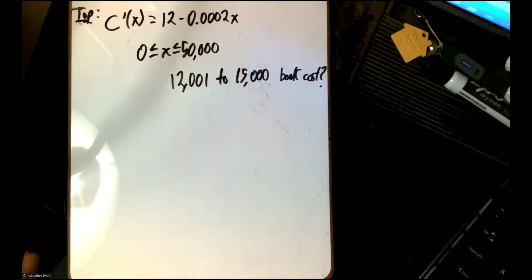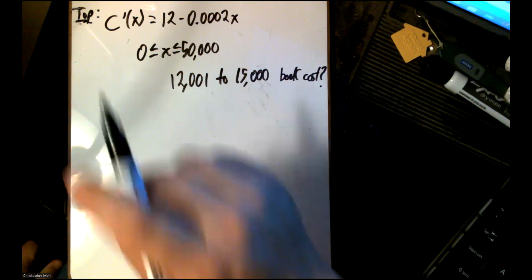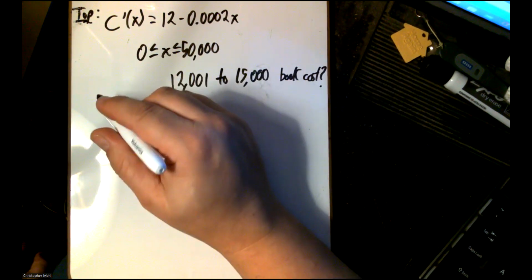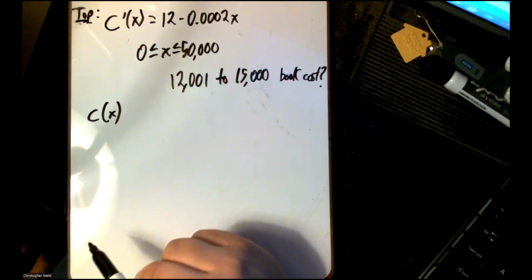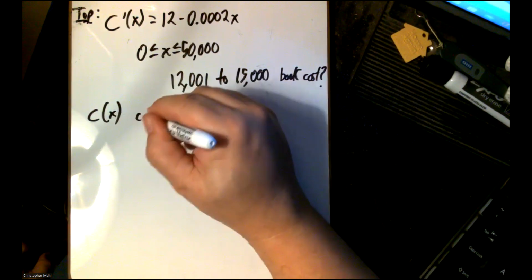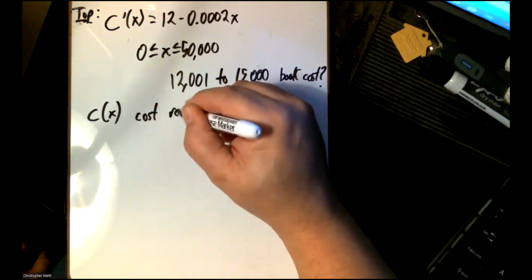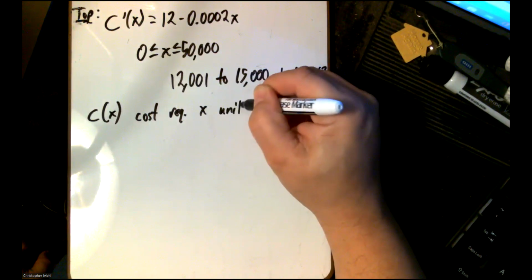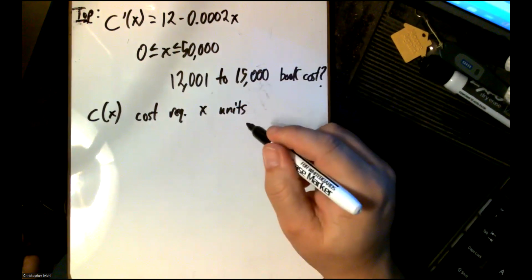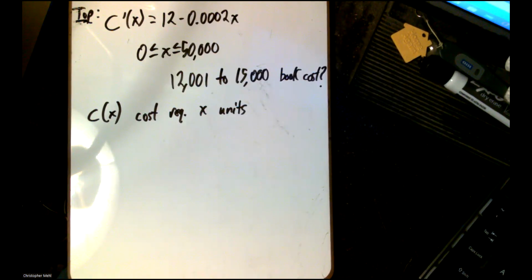Now we recall from section 3.6 that the cost function, C of X, is the cost required to produce X units. The marginal cost, C prime of X, is the approximate cost of producing one additional unit after X units have been produced.